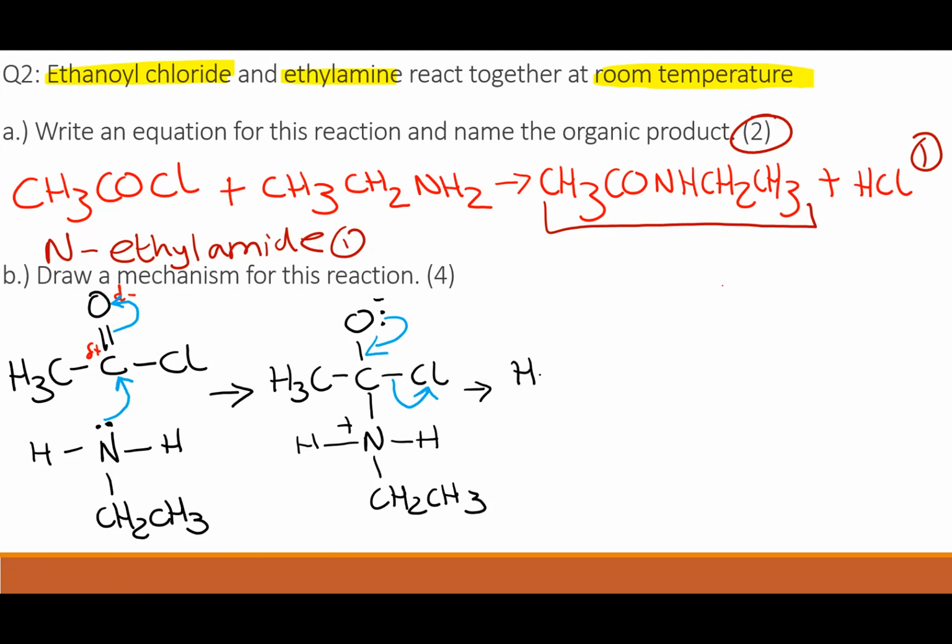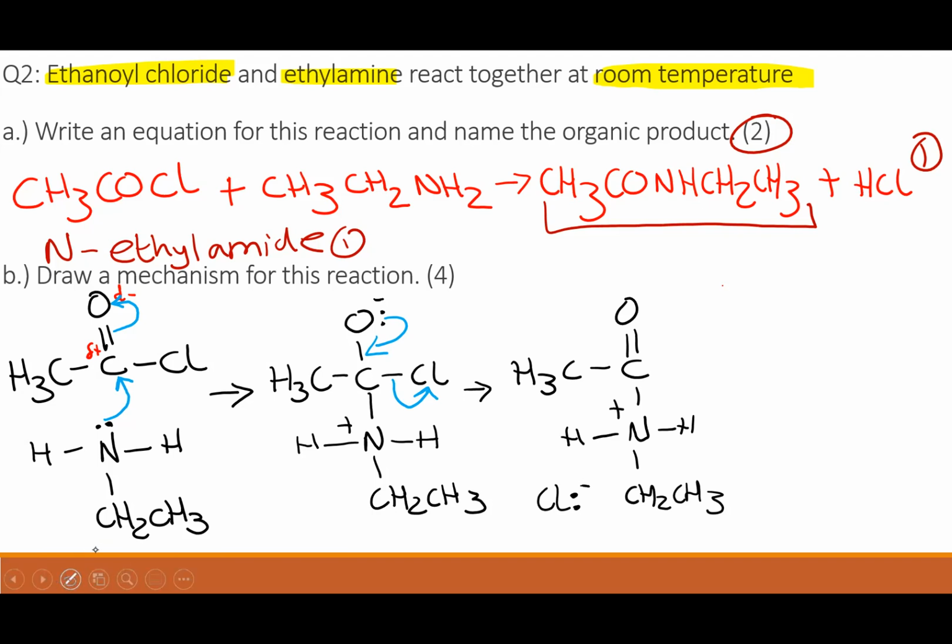Now we've got H3C, C double bond oxygen. Nitrogen's still got a positive charge. The oxygen's lost it. And we've got CH2CH3. Chlorine's over here now with that lone pair with a negative charge.